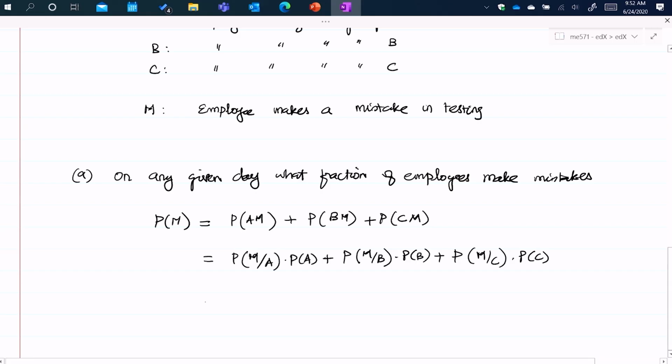So I know the probability of M given A. We are told that 11% of group A makes a mistake. Therefore, the probability of M given A is 0.11.